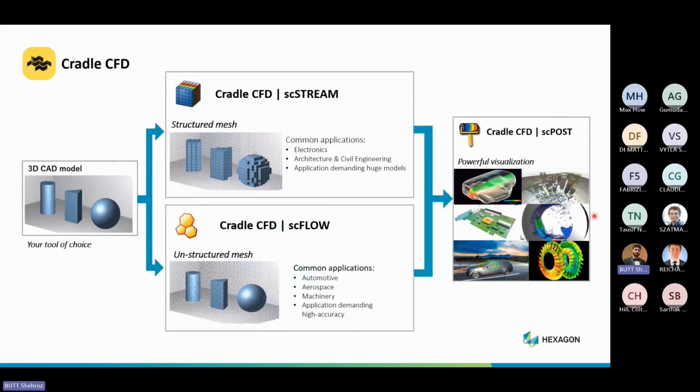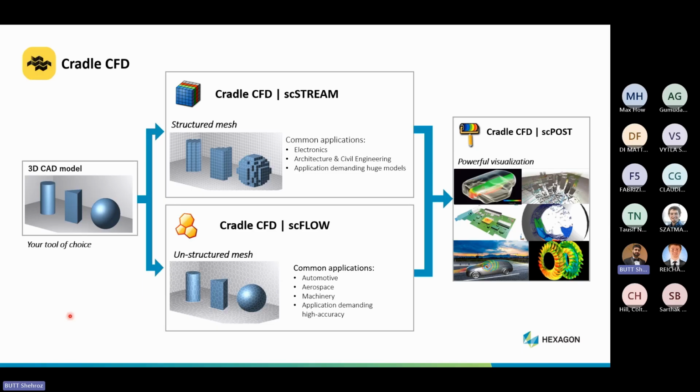Within Cradle, we start by importing our geometry normally, and you can use your tool of choice. Cradle can support most of the CAD extensions. Then we have two separate modules, the SS3 module and scFLOW.